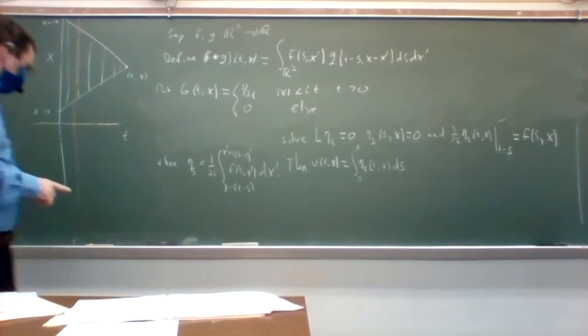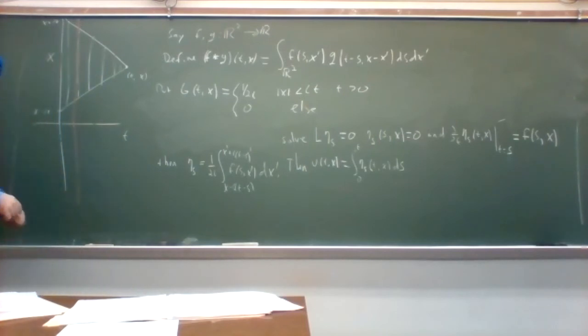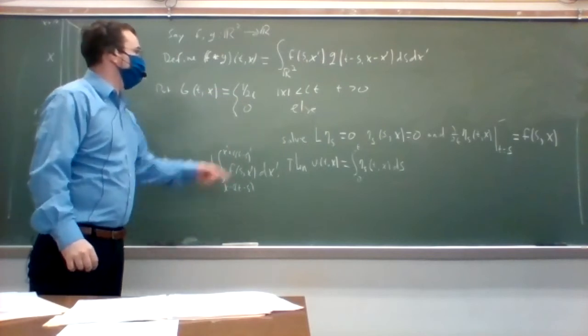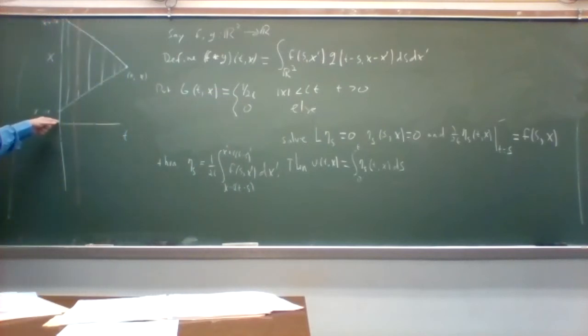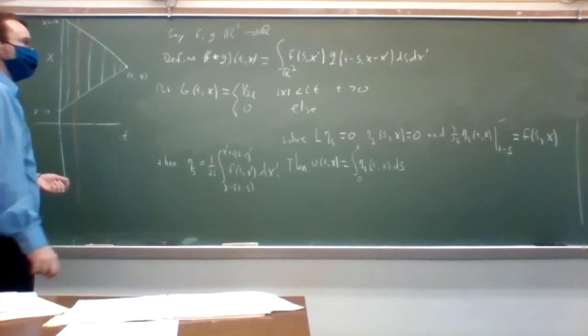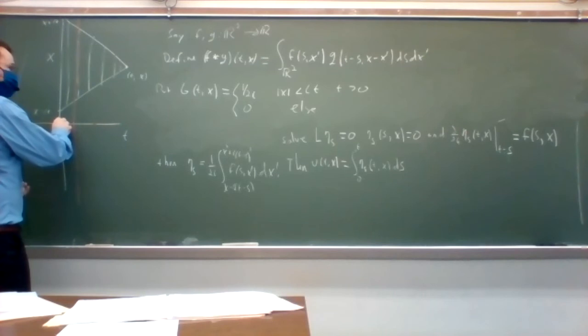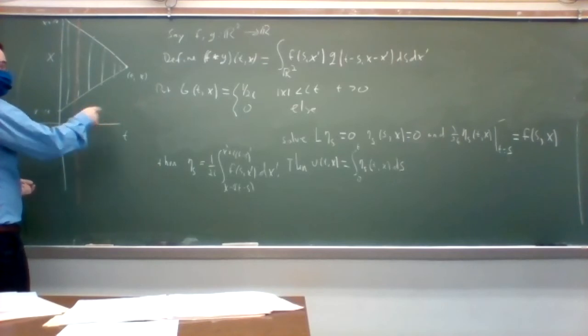So if I were to draw a picture of the region where this is 1 over 2c, maybe on this plane, what do I get? Well, let me just draw it with c equals 1.